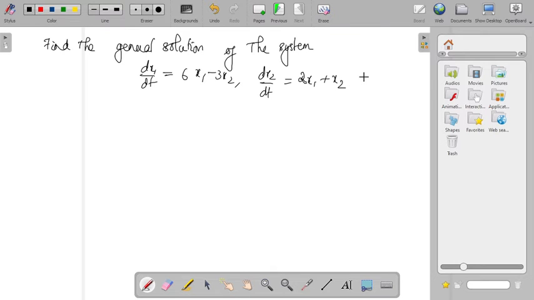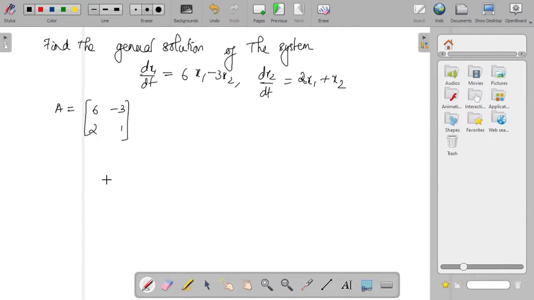Let us see how to find the general solution of the system. Here, this is a case where the roots of the characteristic equation are real and distinct. So the coefficient matrix A will be 6, minus 3, then 2, 1.